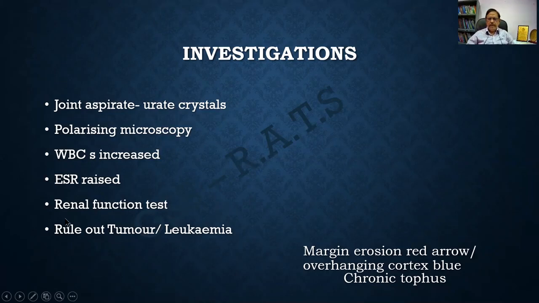When you examine the patient, there may be a tumor or there may be a leukemia. We'll have to look for these. The increase in WBCs and ESR is an incidental finding which is not very specific. So again repeat, urate crystals, polarizing microscope, abnormal renal functions, and presence of a leukemia.